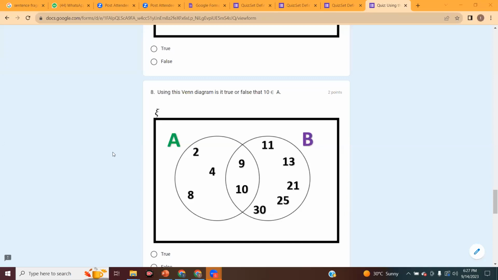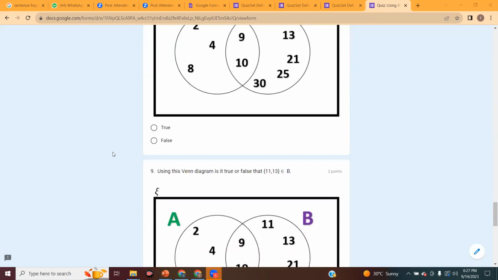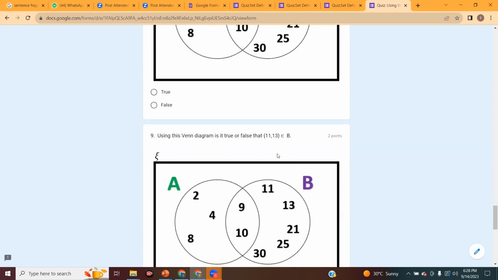No, it didn't rob you of your points. Dion, can you explain why it's not true? Number 9. Using the Venn diagram, is it true or false that 11 and 13 are elements of B? Because it's only an element of B... I can't remember now, Mr. Smith.